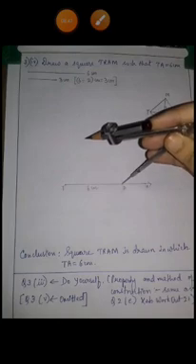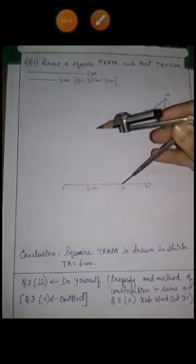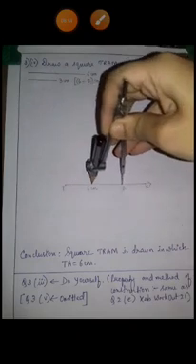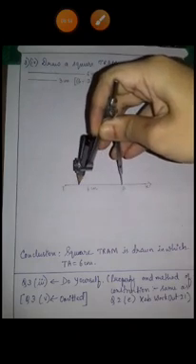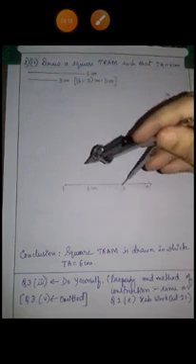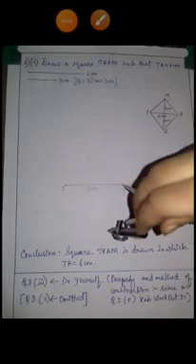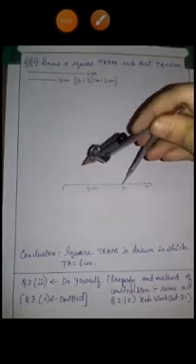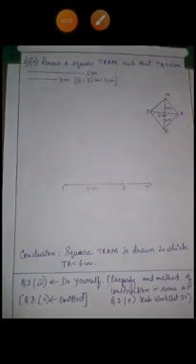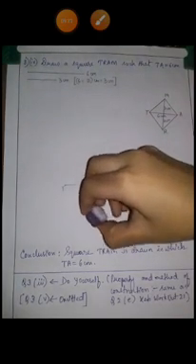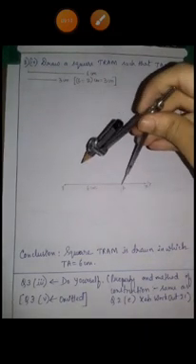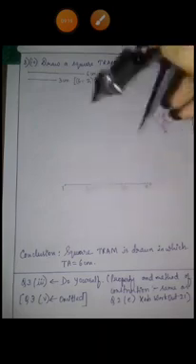So for drawing the perpendicular bisector, place the pointer of the compass here, and with the measurement, this is half, so you are taking approximately more than half, and cut an arc on top and cut an arc on the bottom also. You are placing the pointer and cutting the arcs.